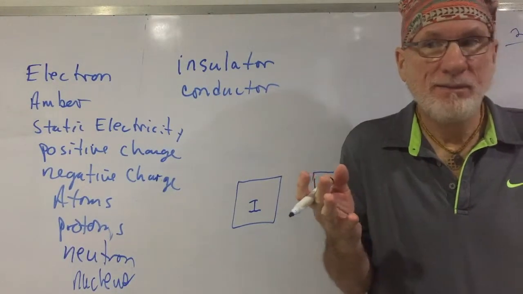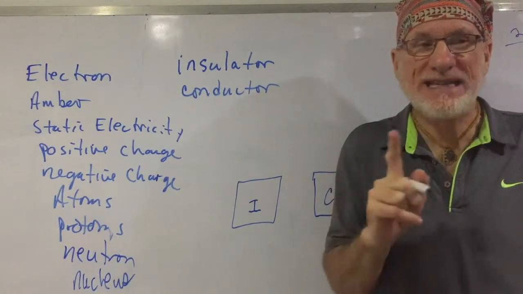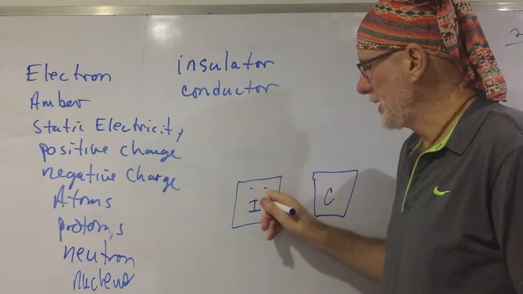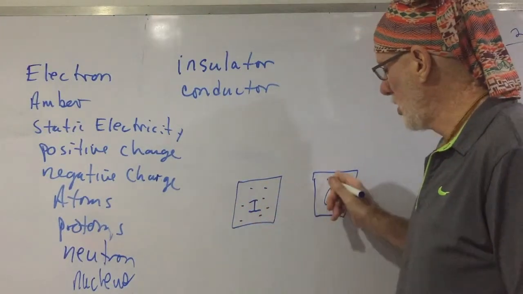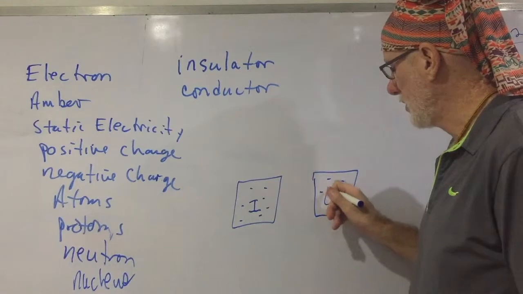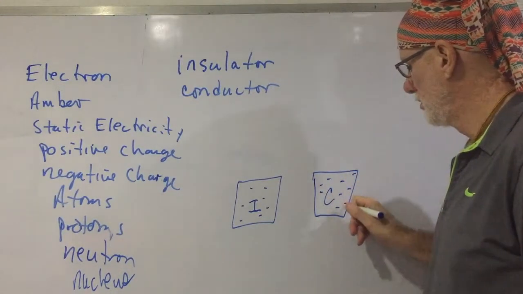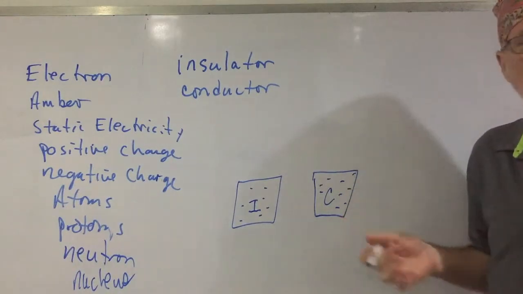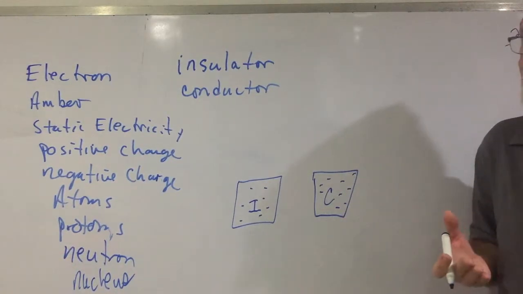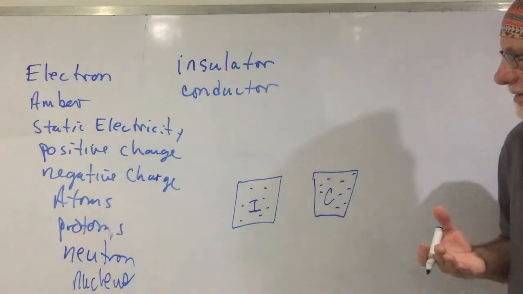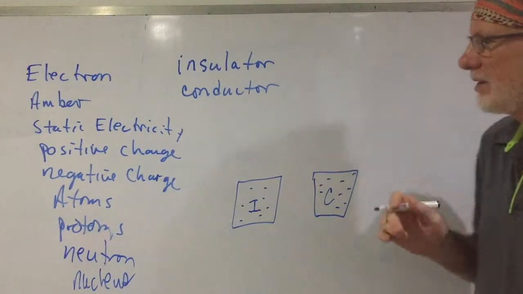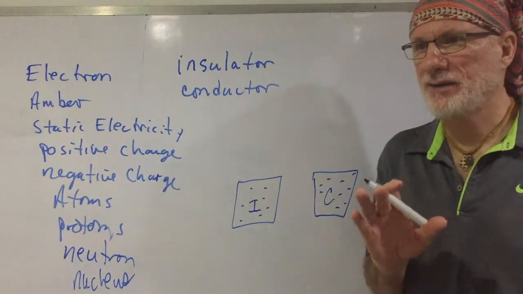But what's the difference between a charge building up on the insulator and a charge building up on the conductor? Well, the conductor conducts electricity. Let's just hold off on that for a second, okay?